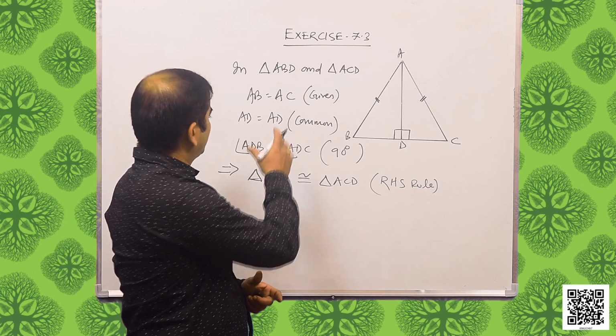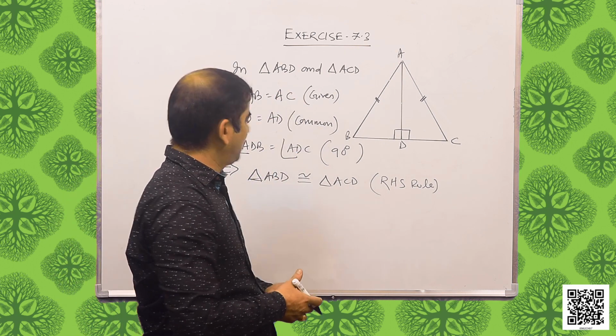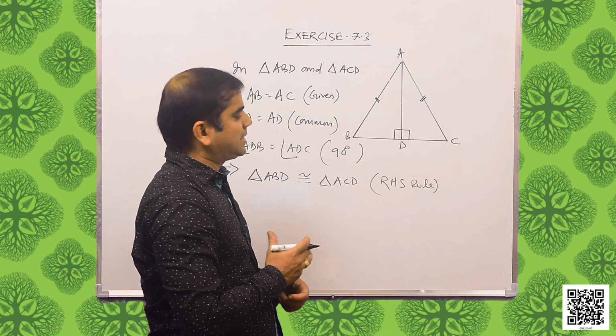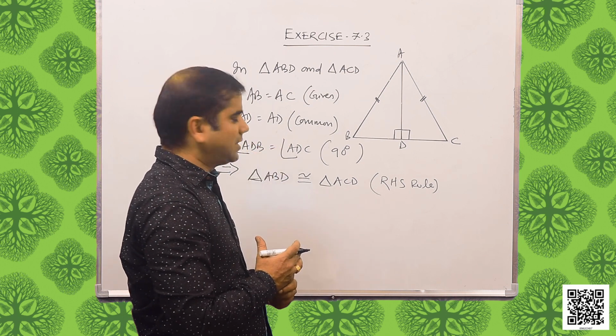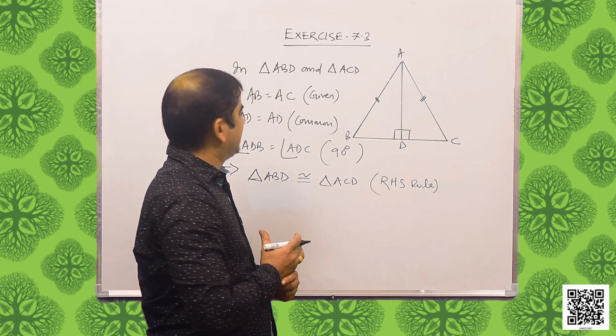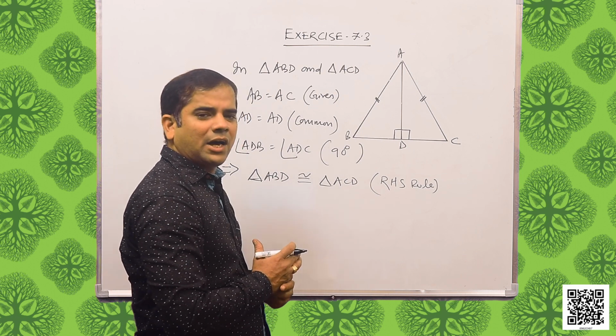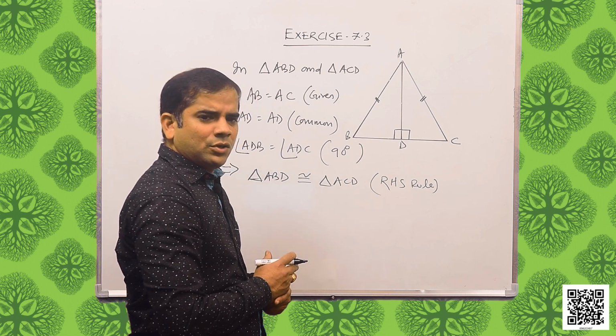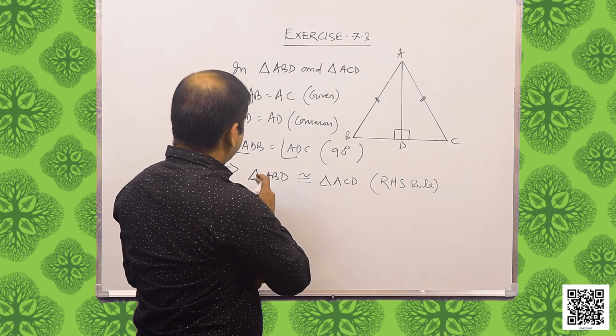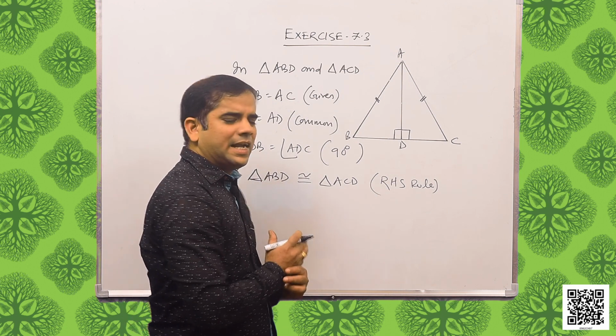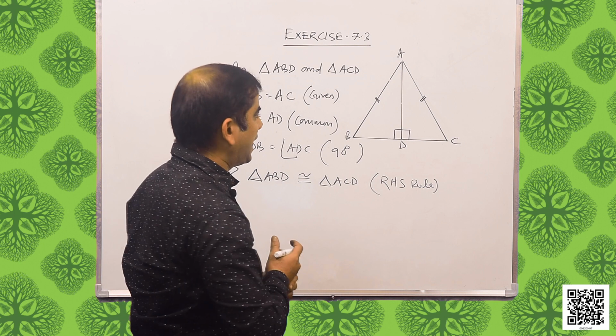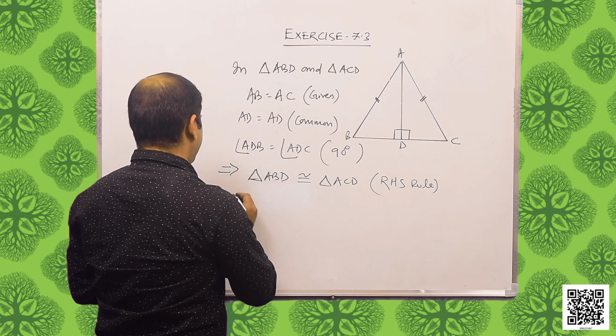Isn't it? We have two sides and a right angle, and we know that RHS says if two sides and a right angle are there, then we can go for the RHS congruency. So, as triangle ABD and triangle ACD are congruent, that means BD is equal to CD.